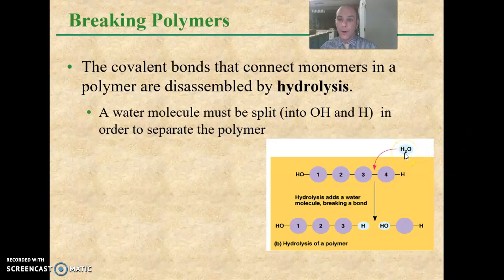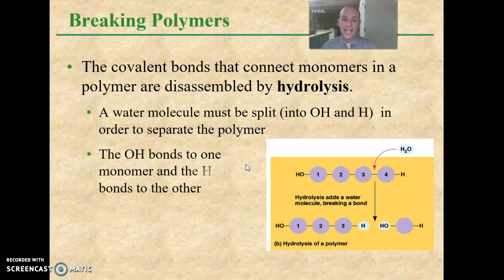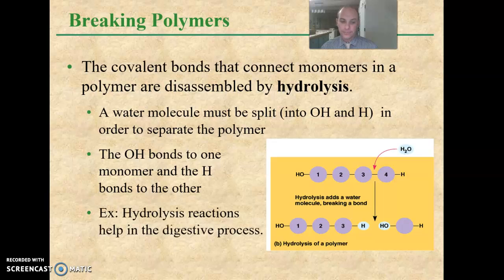Now when we want to break it apart, hydrolysis is used, meaning water is added here. These now separate into a monomer and a polymer with an H on one side and an OH on the other. And if you add them together, there's two H's and an O, hence H2O. So therefore it's hydrolysis, water being added. The OH bonds to one monomer, the H bonds to the other. Hydrolysis reactions help in the digestive process of breaking down foods.